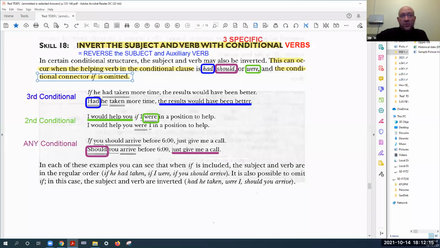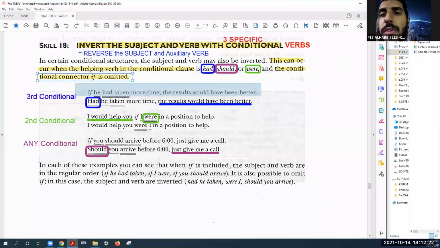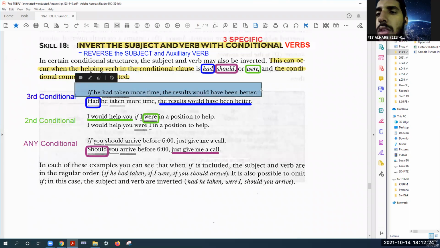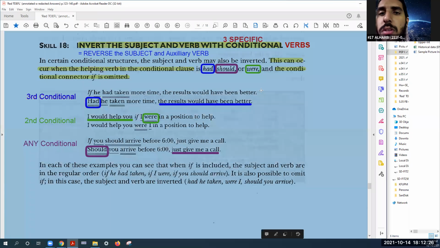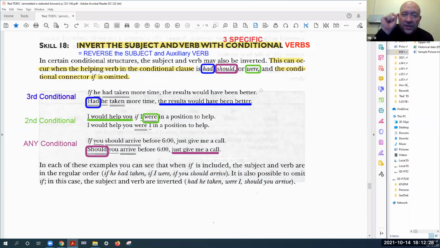Harvey, can you read the first example with the third conditional? If he had taken more time, the results would have been better. Now, where is the main clause? The results would have been better. That's right. So what is this over here? This is the conditional clause.